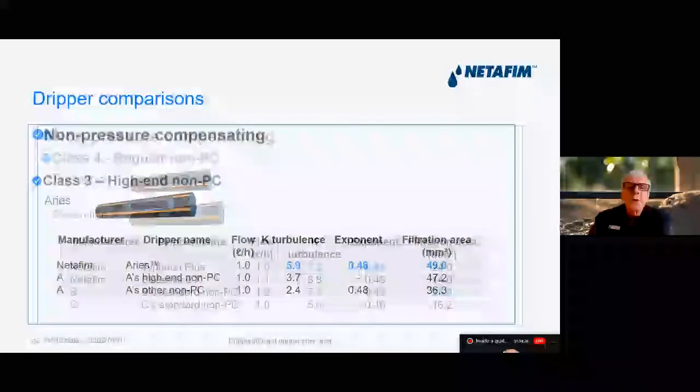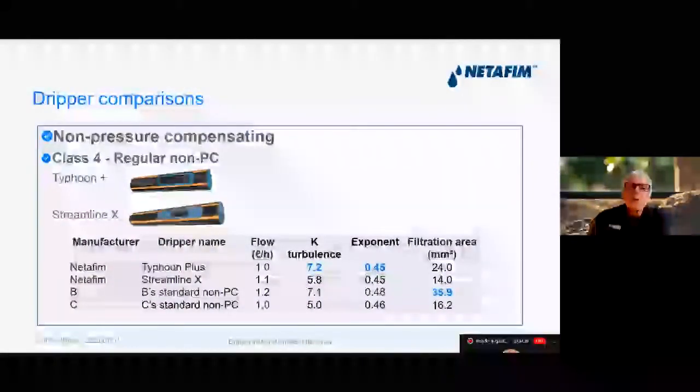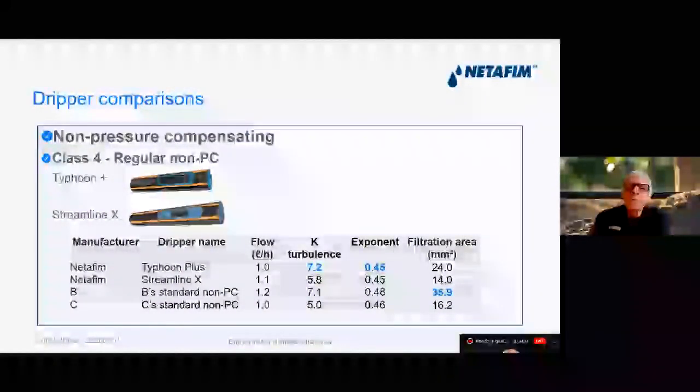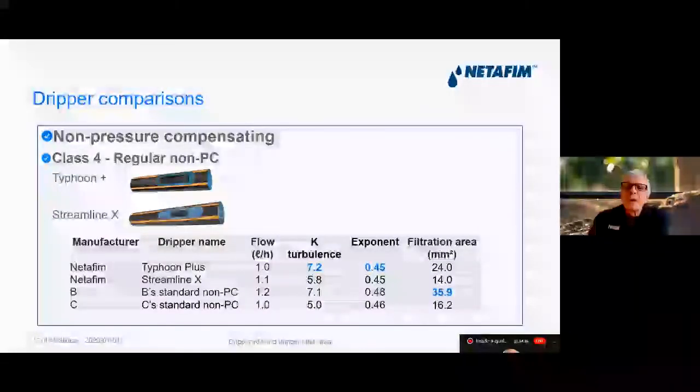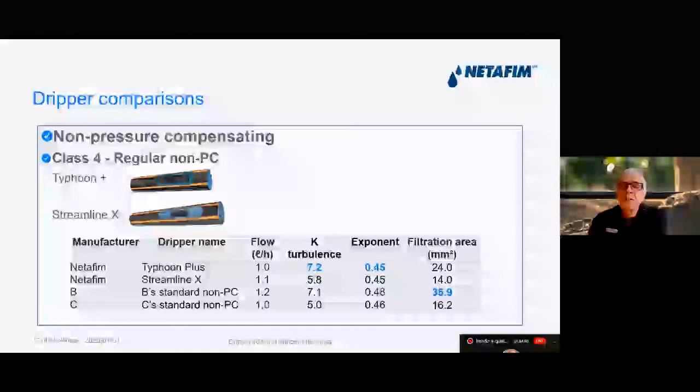Now if we go to the class 4 drippers, Typhoon Plus with a turbulence coefficient of 7.2 and an exponent of 0.45, it is superior. But with the filtration area, as I mentioned, this competitor who has got a higher filtration area, although they've got a lower turbulence coefficient and lower exponent, is actually a larger dripper.